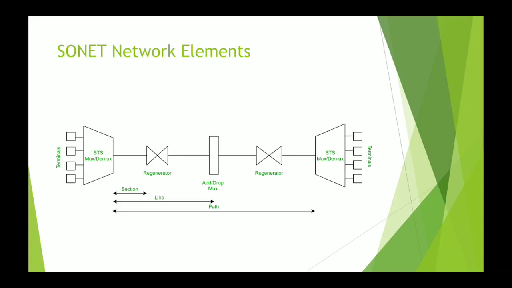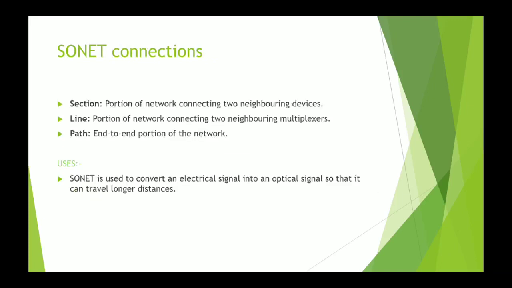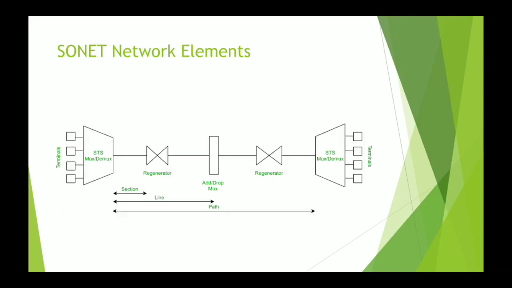That is, these two are neighboring devices. Then line. Line connection is the portion of the network connecting two neighboring multiplexers. In this diagram, the STS multiplexer to add or drop multiplexer acts as a line connection, which means the STS multiplexer's neighbor multiplexer is the add or drop multiplexer. Hence the line connection is between these.